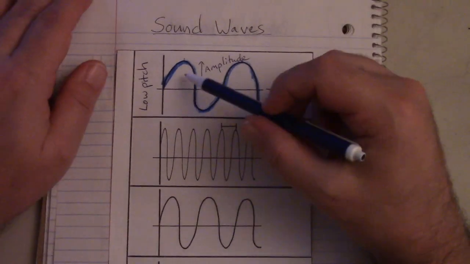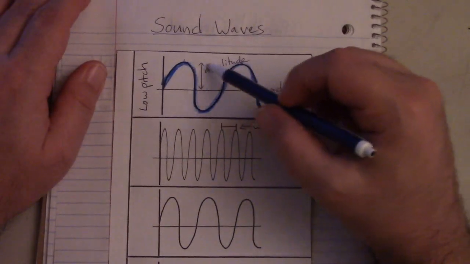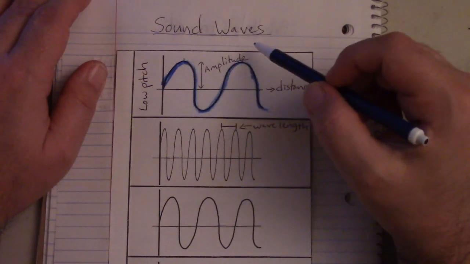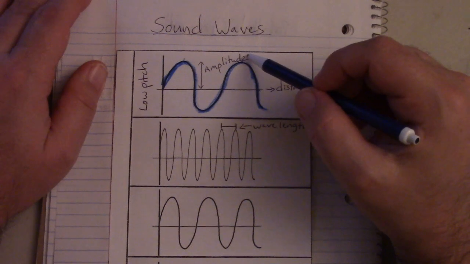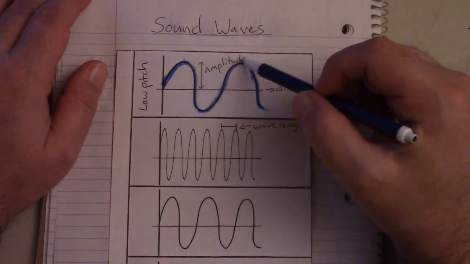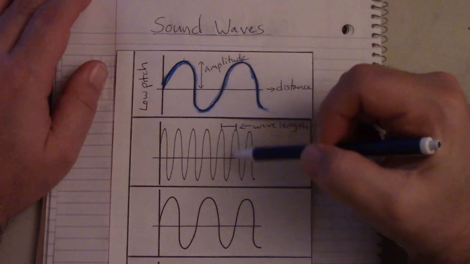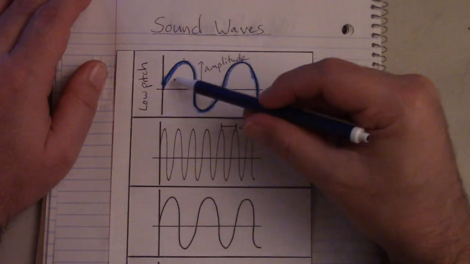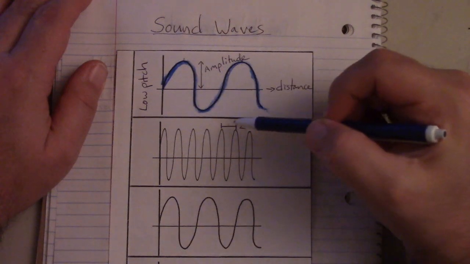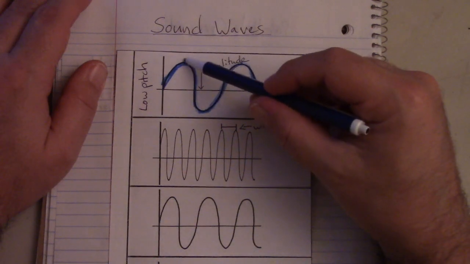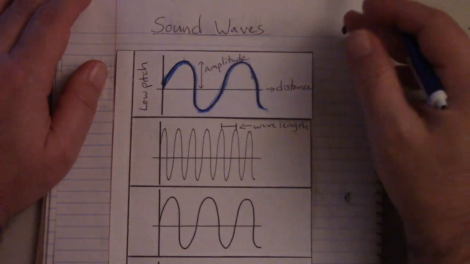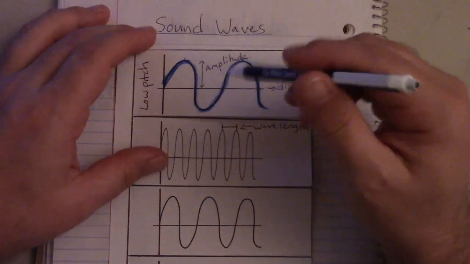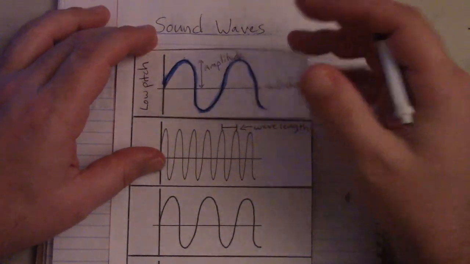So a low pitch, specifically with the wavelength, it has a long wavelength. So low pitch sounds have longer wavelengths. Okay, this is going to be a high pitch that we're going to look at next. And it has short wavelengths, but those low pitch waves have long wavelengths.